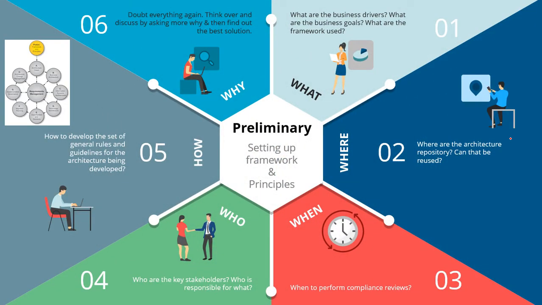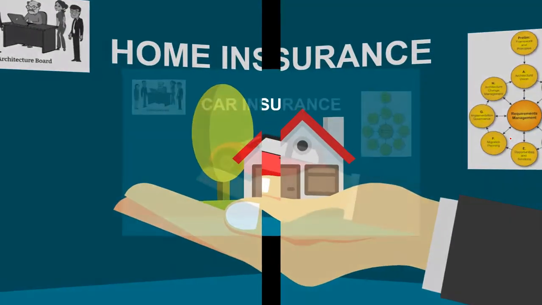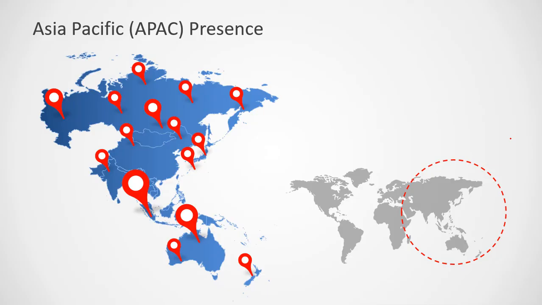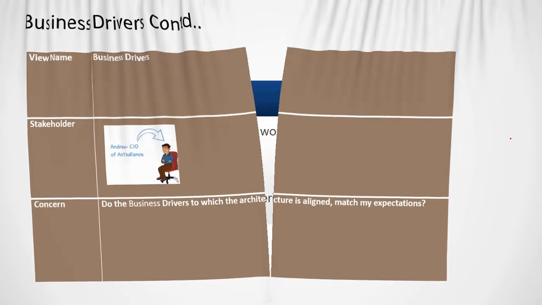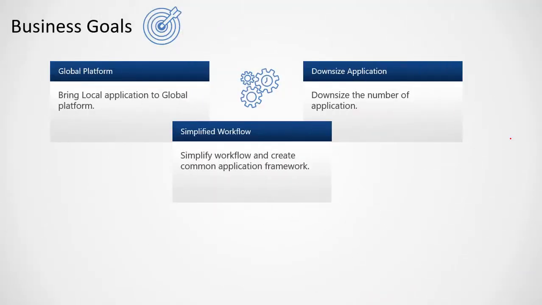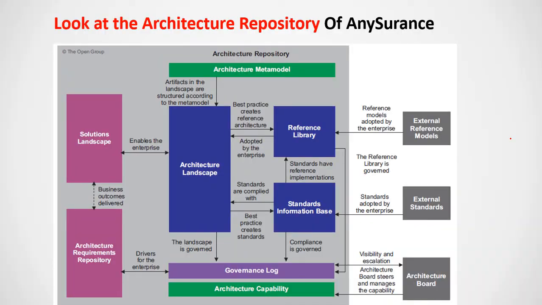I will be talking about where to start from. I will be talking about the business use case, what we will be covering. I will also be talking about the business model, business drivers, the locations, the viewpoints. I will also be covering the business goals, the tailoring part, and the architecture principles.